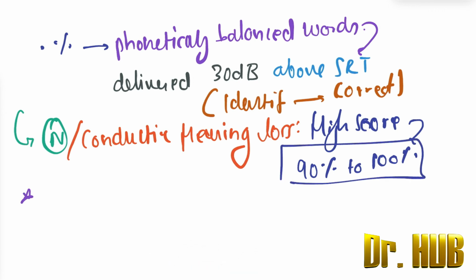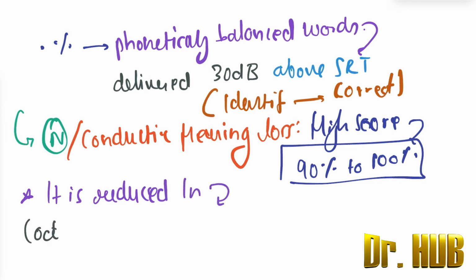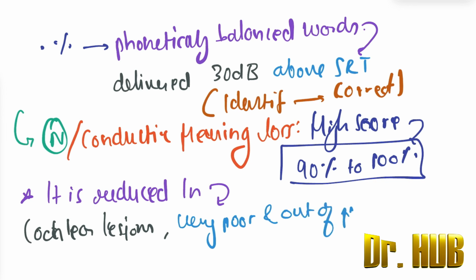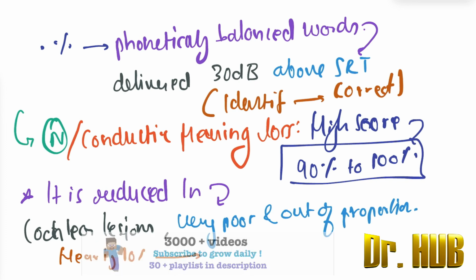It is reduced in cochlear lesions, and it is very poor and out of proportion to the hearing loss in retrocochlear hearing loss.